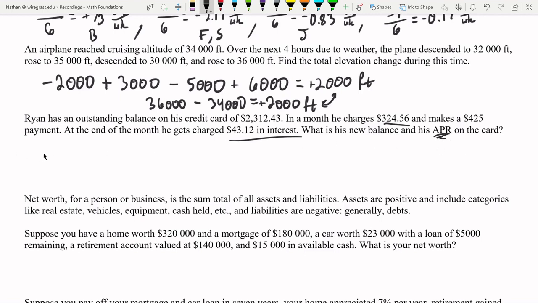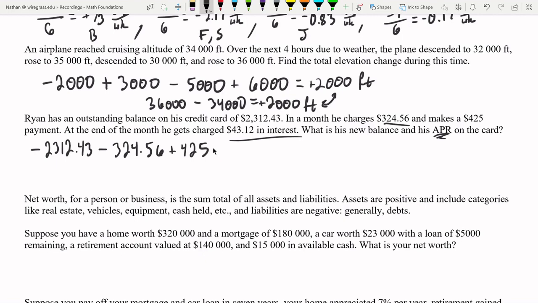That's going to be important for the APR. So really, a credit card balance is a negative amount. It's how much you owe. And then he charges more money on it, so he actually loses more money. And on this account, he makes a payment, and that's going to be a payment that's being gained onto there. It's actually going to oppose the debt owed.